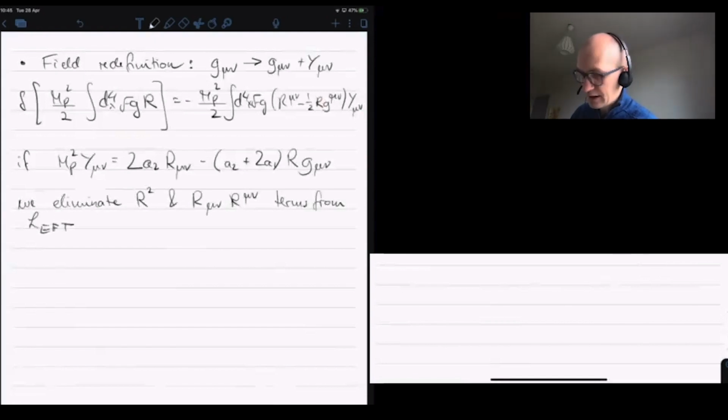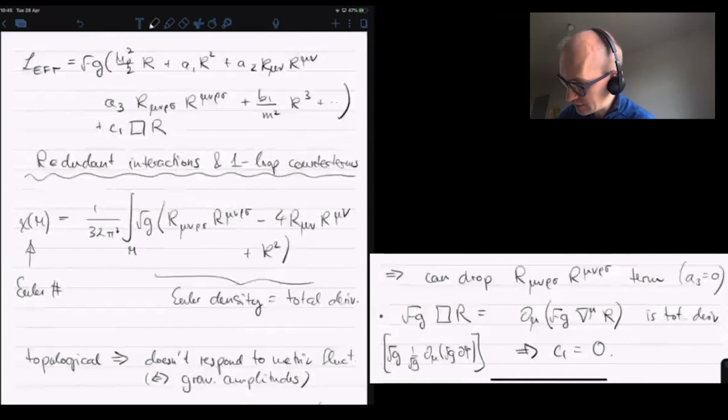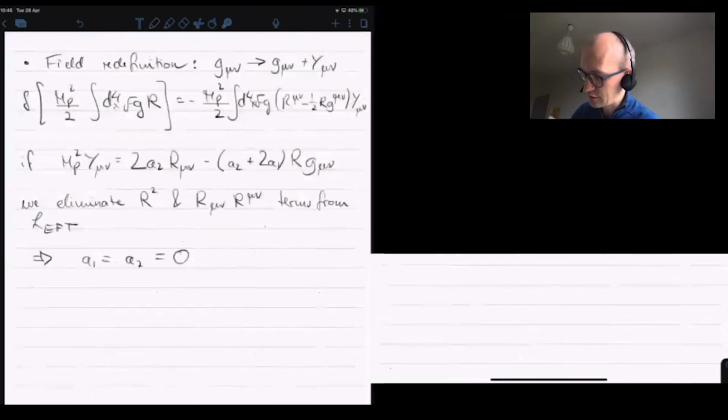So that means we can also say a1 and a2 are equal to 0. Let me check if I remember the right terms. Yes, so we can also drop the R squared and the Ricci tensor squared contribution.